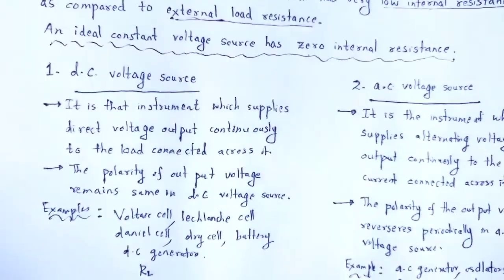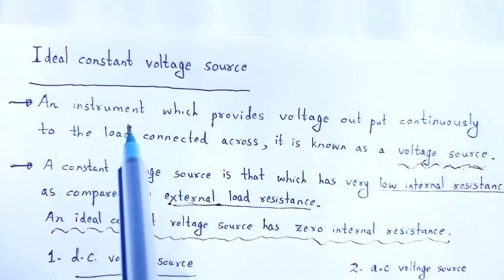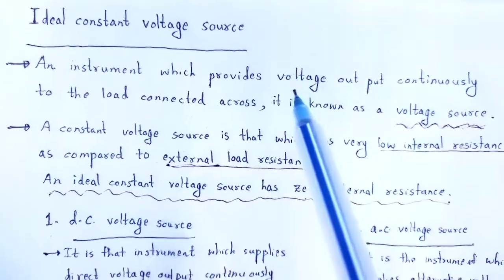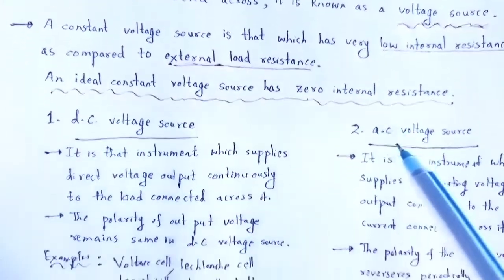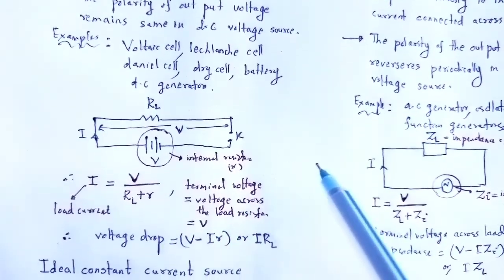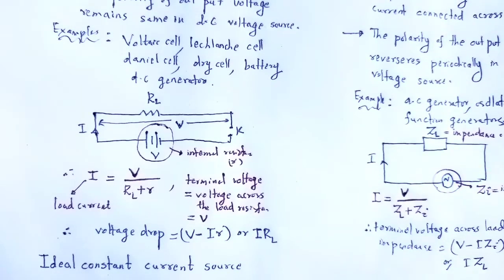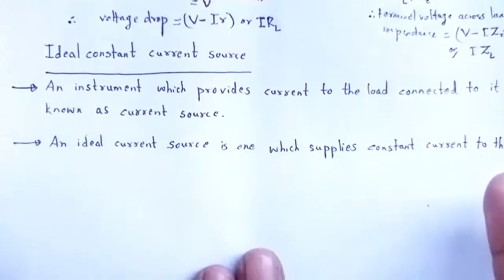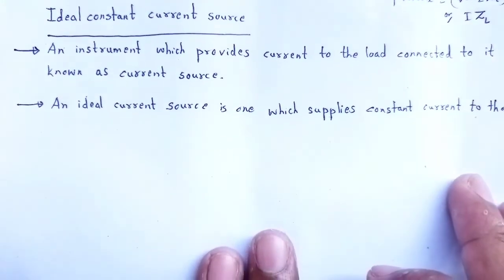Okay. This is for the ideal constant voltage source, DC voltage source and AC voltage source, with the example of a circuit. Now, the ideal constant current source.